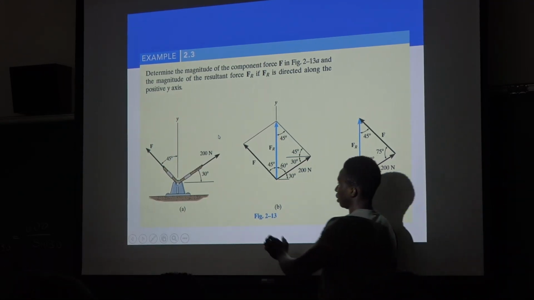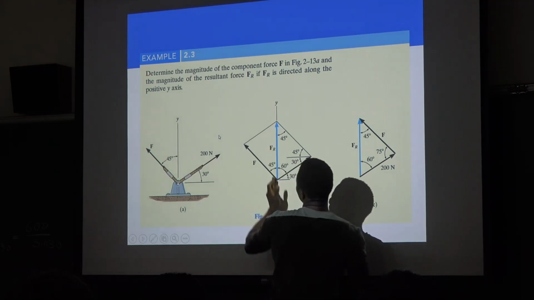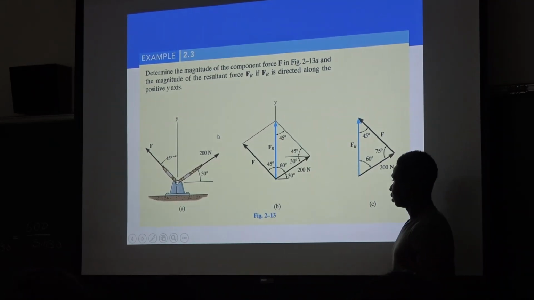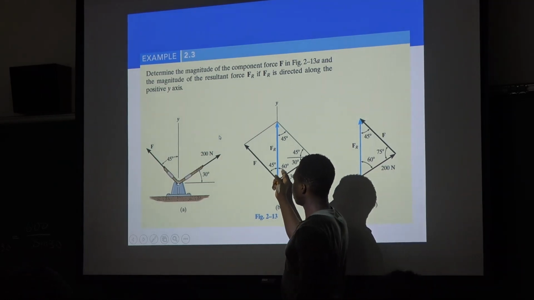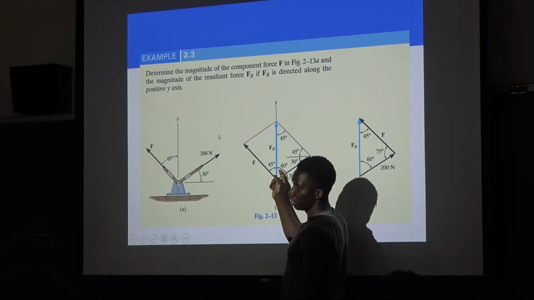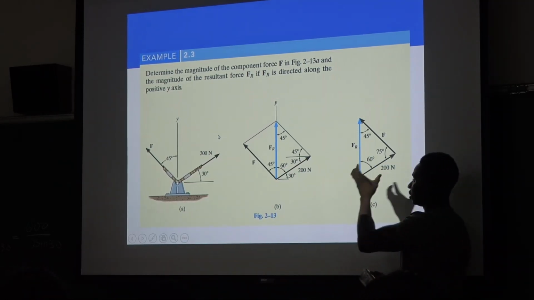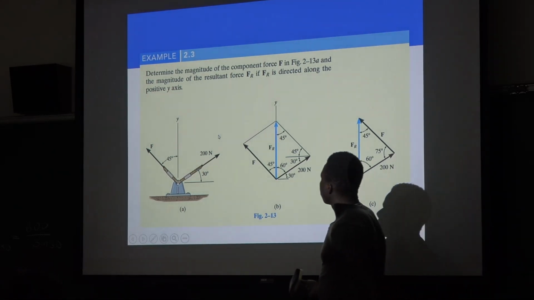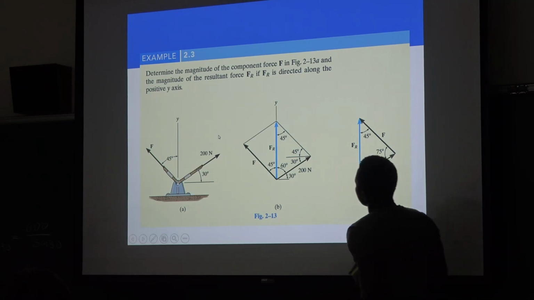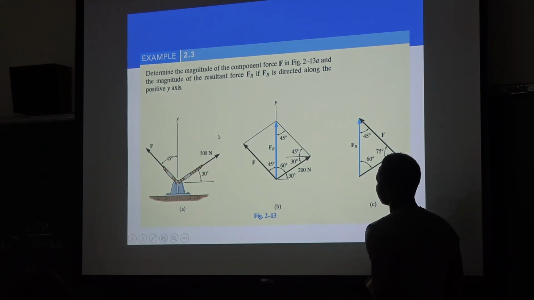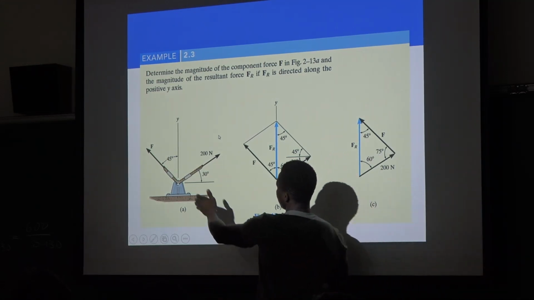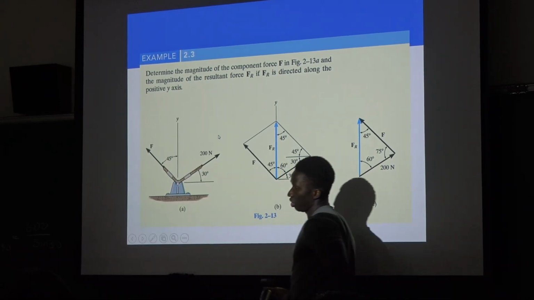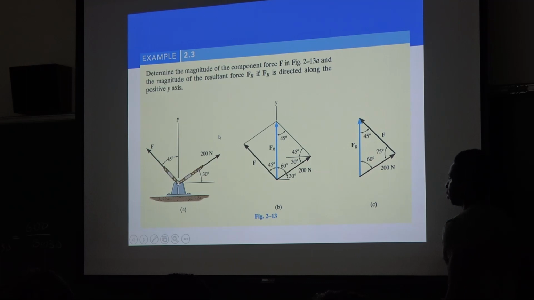And because our resultant now is along the y-axis, if this is 30, then we directly know that this should be 60, right? Because it's a 90-degree angle, right? And this already tells us it makes an angle of 45 degrees with the resultant force.